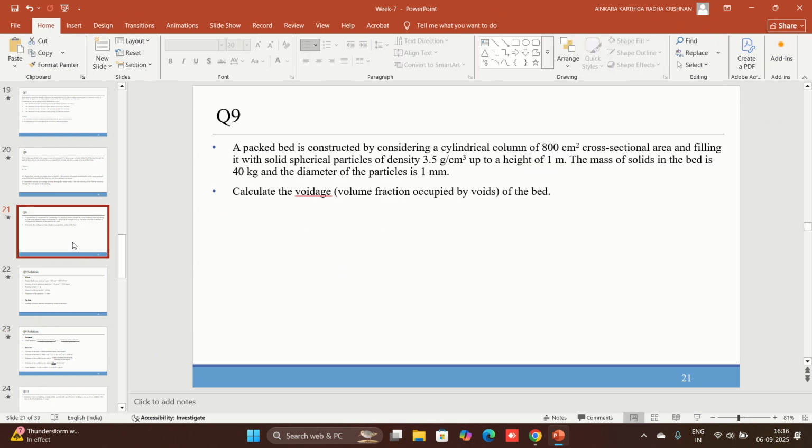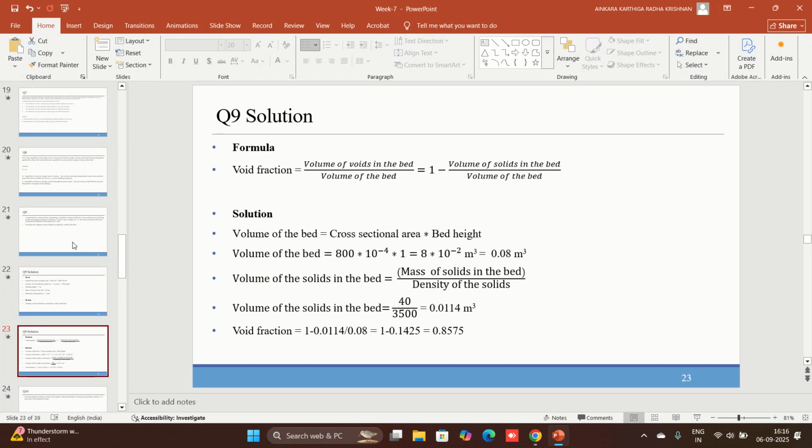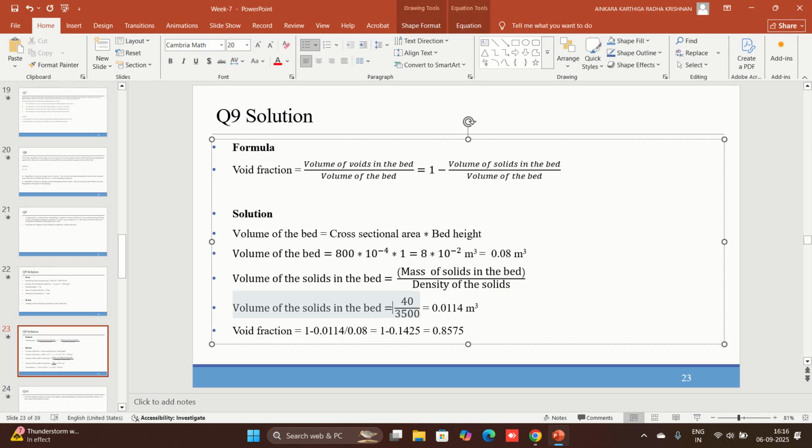In the question it was given 40 kg, and we know the density of the solids, which is 3500. So we divide both and we will get the volume of solids in the bed in meter cube. So 40 divided by 3500 gives us 0.0114 meter cube.